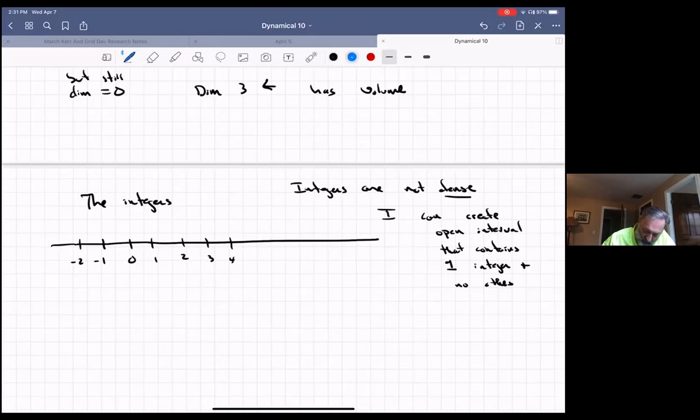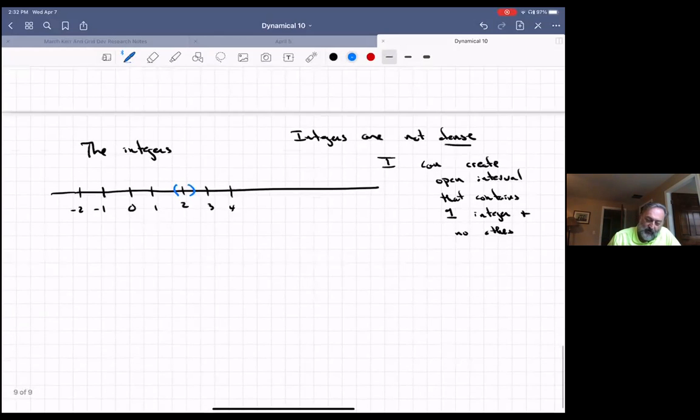So if I just do that, I can isolate 2 from 3. All right. So the integers are not dense. They have dimension of 0 and they are not dense.